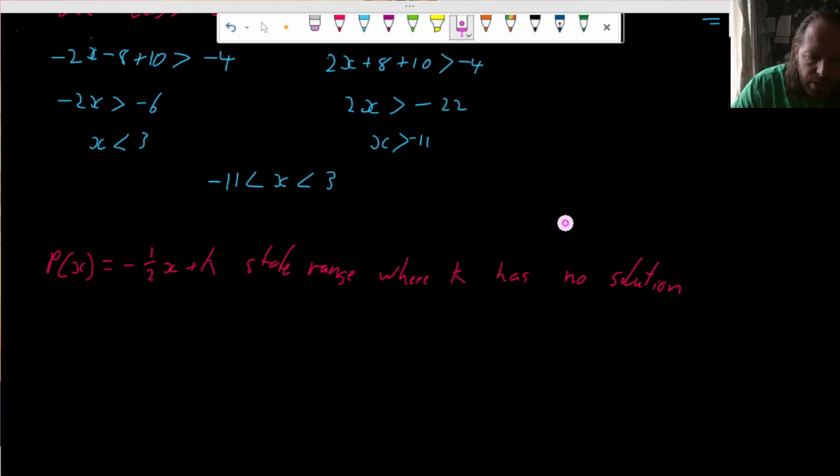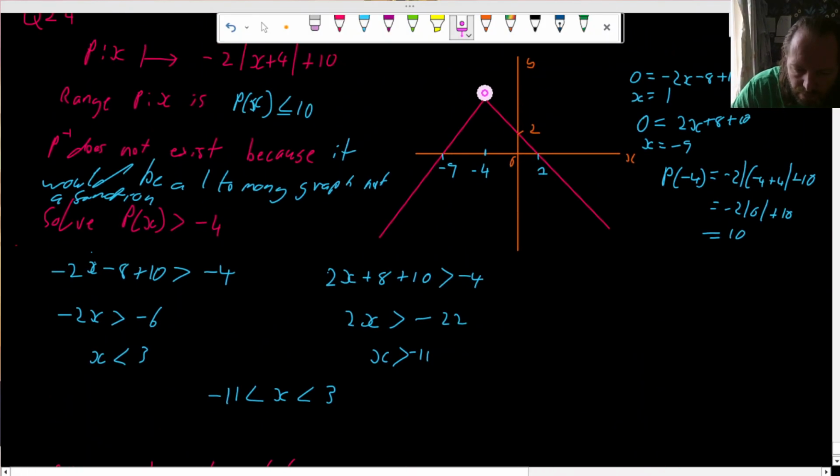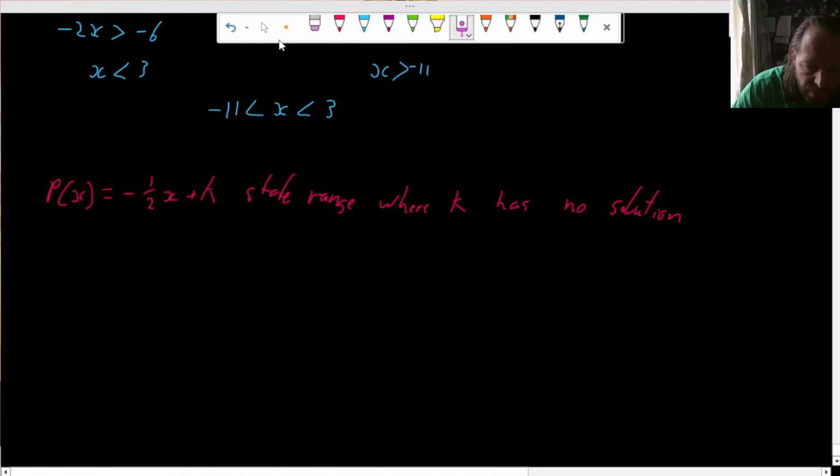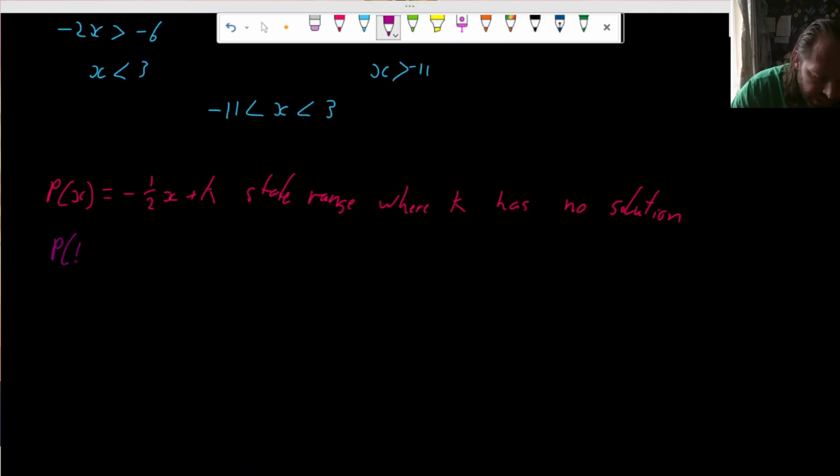So we know already that that is at x equals minus 4. So p of minus 4 is equal to 10, and that's the maximum. So when we have x equals minus 4, I wonder what happens to get a 10 in there.